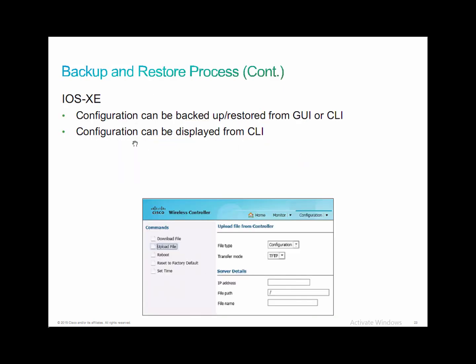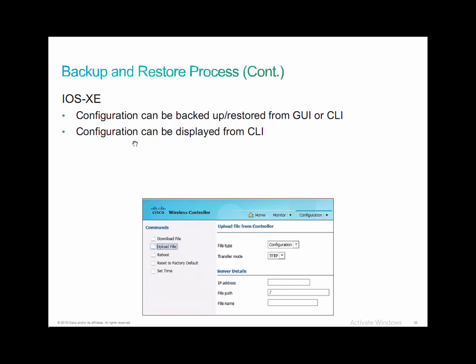All right. In IOS XE switches and wireless LAN controllers for that matter, you have the configuration that's backed up and restored from the CLI. That's just using a copy run TFTP command, or you can use FTP as well.